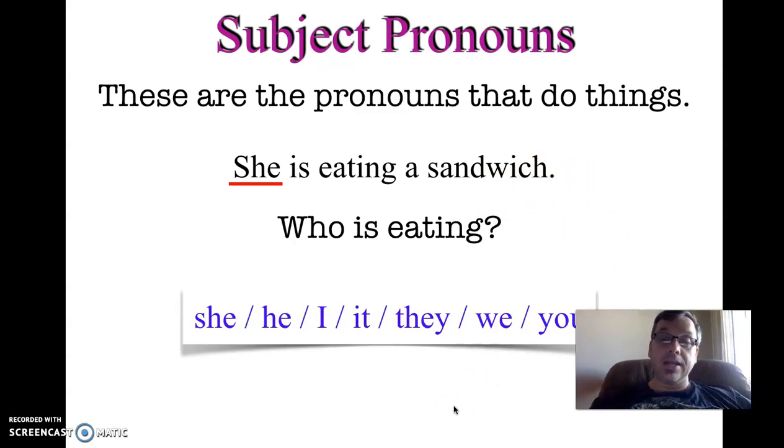We are eating sandwiches, and then you are eating a sandwich. Keep in mind, you can be one person, singular, or it can be plural, 3, 5, 20, right? And it doesn't matter for the be verb then. You are eating a sandwich, one person. You are eating a sandwich, 12 people.